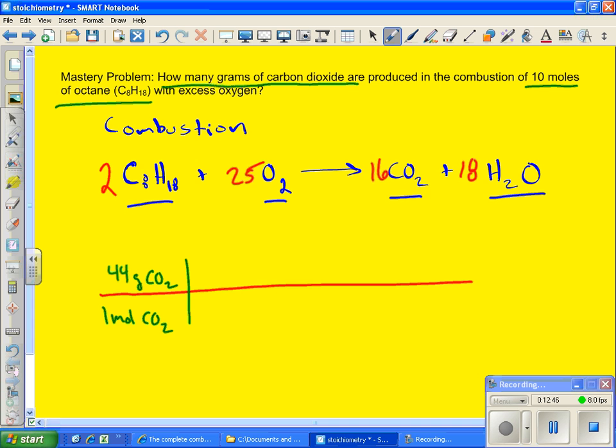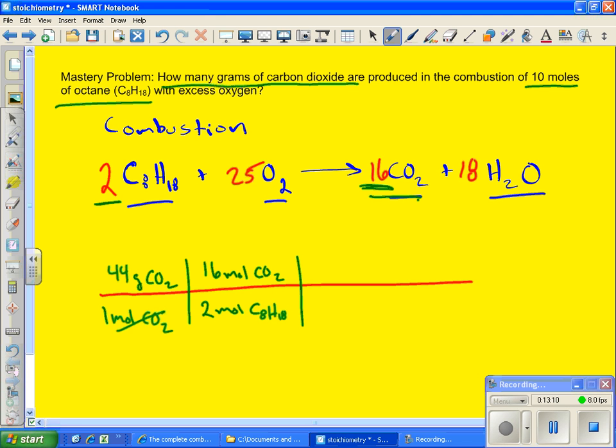From the balanced equation, I know the stoichiometric coefficients: 16 moles of CO2 for every 2 moles of octane. So I could do this: 16 moles of CO2 per 2 moles of octane.